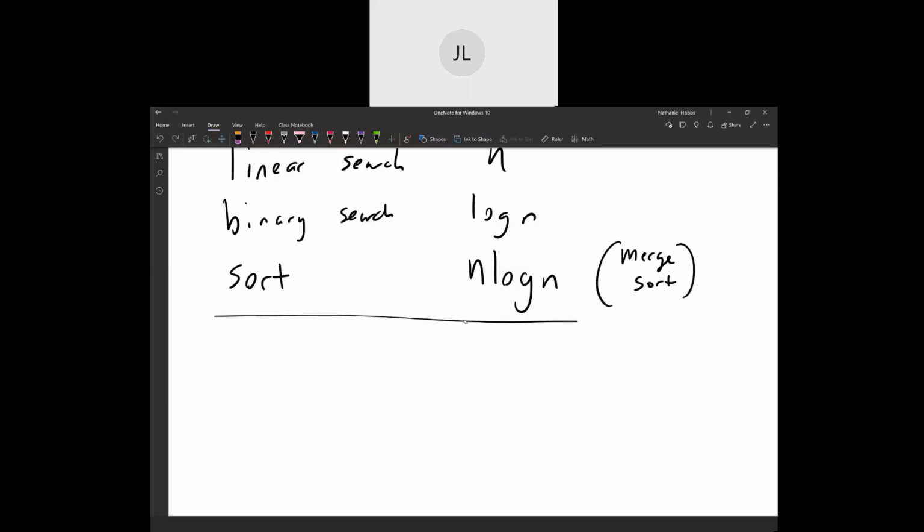Like if it's mostly sorted, then you might be able to finish sorting it faster than n log n. But if there are no guarantees about the input other than it's unsorted, the fastest you can do is n log n, and merge sort is just an example of that. It's one algorithm that does it.